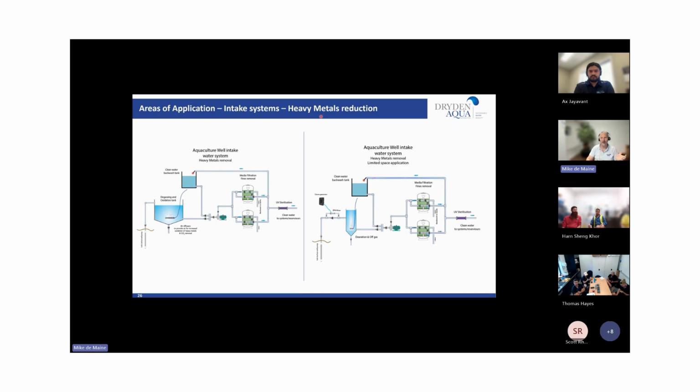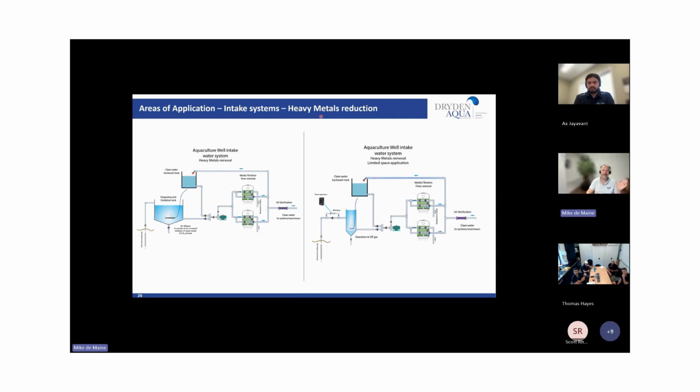If it's mostly ferric or iron, that settles out or oxidizes very quickly with air, so it can be anywhere from 5 to 10 minutes residual time in a sump. Or if it's arsenic, then generally it needs up to 30 minutes for those arsenic and manganese molecules to grow to a size greater than 1 micron for the AFM to remove. And then we deal with a whole lot of other heavy metals as well.